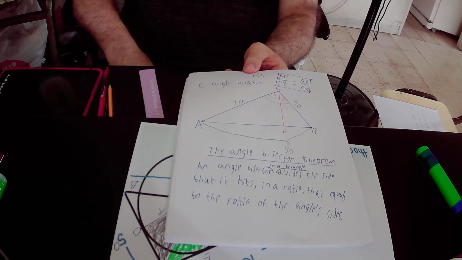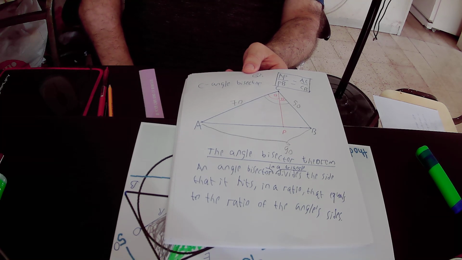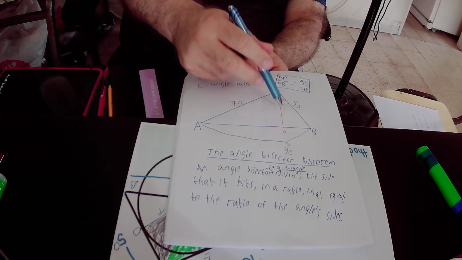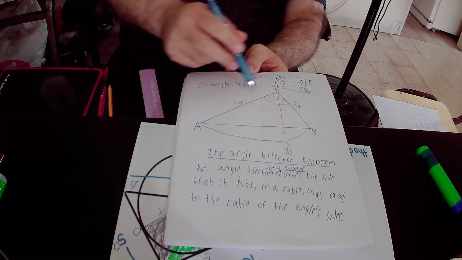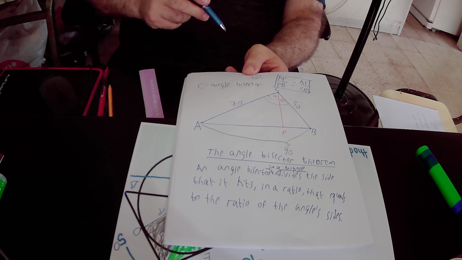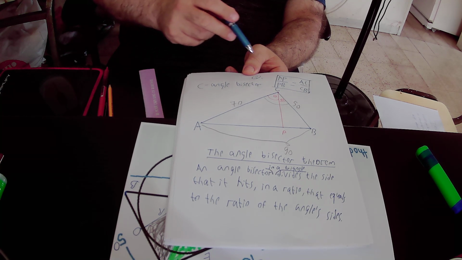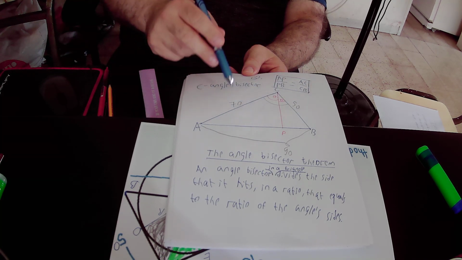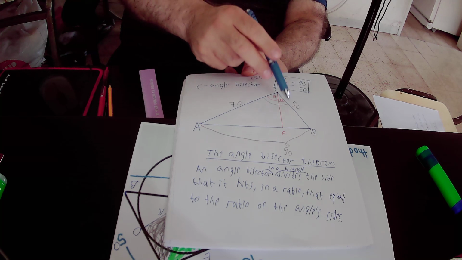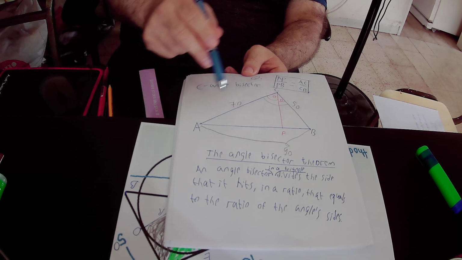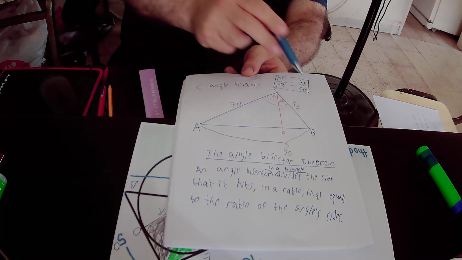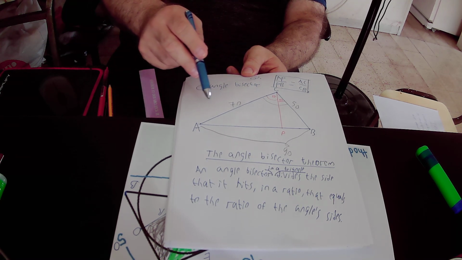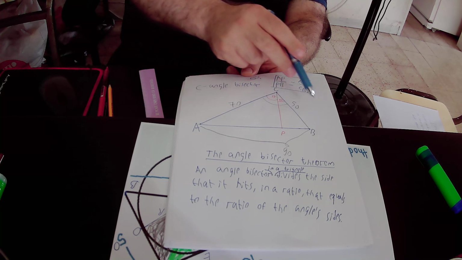The angle bisector theorem states that an angle bisector CP in a triangle ABC divides the side that it meets. CP meets side AB of the triangle, and it divides it into two parts, part AP and part PB, and the ratio between those two parts is AP over PB.